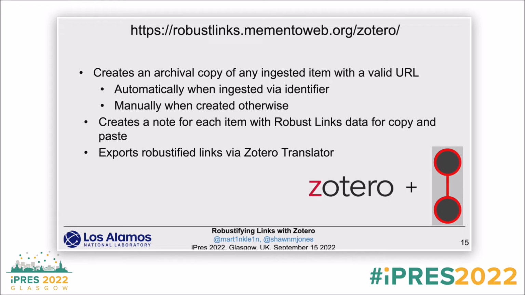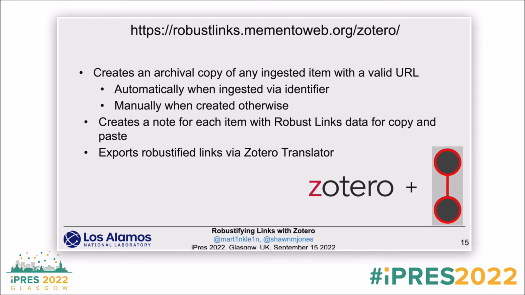The outcome of the Robust Links process in Zotero is a note that is created for each item that contains all relevant robust links data that you can then use, for example, to copy and paste a robustified link into your manuscript. If you're very familiar with Zotero, you'll know that it has a very strong export functionality for all items in your Zotero library.